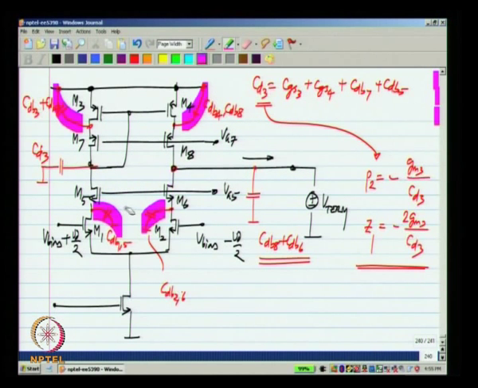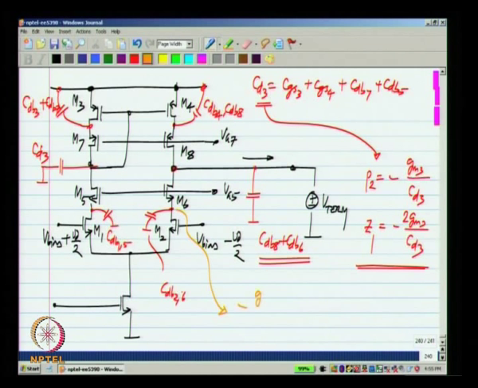Now, what happens in our cascode op amp? The current from M2 goes through M6, but there is a capacitance here which is CdB2 plus CdB6. So, at this node we will get a pole which is minus GM6 divided by CdB2 plus CdB6.